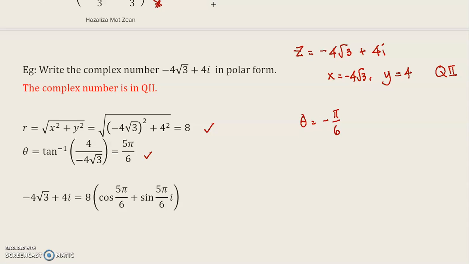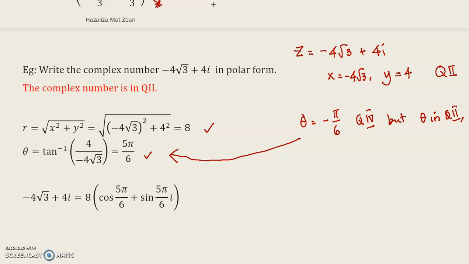But that is in quadrant 4, and theta is in quadrant 2. So you have to modify and find the right angle, the right theta. The correct answer is 5 pi over 6.